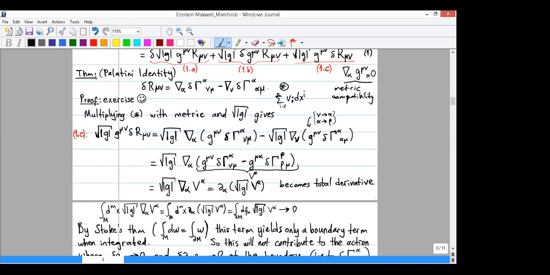That is something you need to consider for all repeated indices.